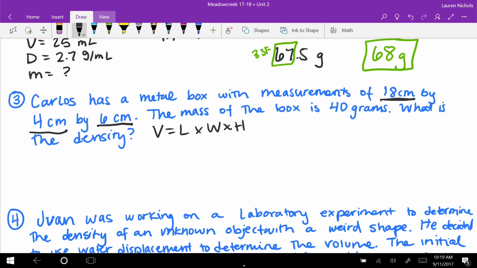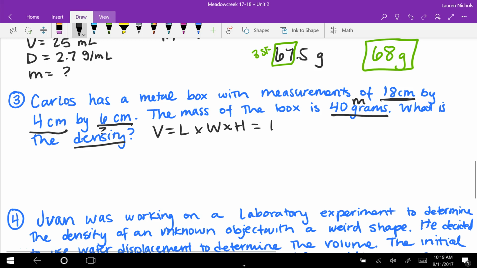Okay, now I don't care which one is length times width times height because I'm multiplying them all, so it doesn't really matter. And I also see that I have 40 grams, which is my mass, and my density is my question mark. So let's go ahead and solve for volume first before I write down my other things.